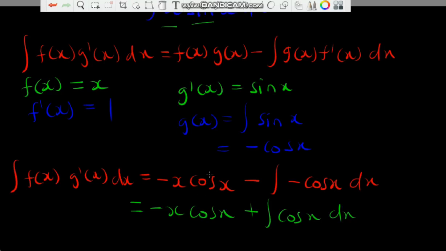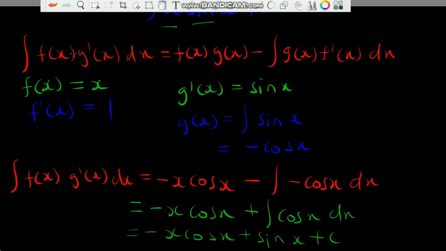Okay, so from there, we know that the integral of cosine will give me sine of x plus c. So this will be equal to minus x cosine of x plus the integral of cosine of x, that will be sine of x plus c.